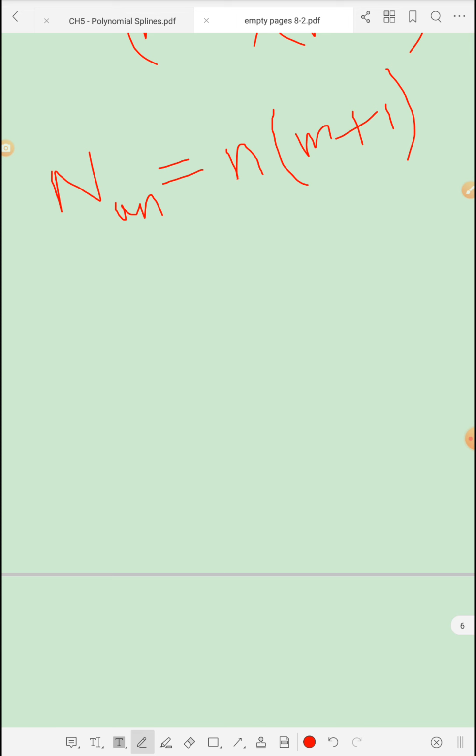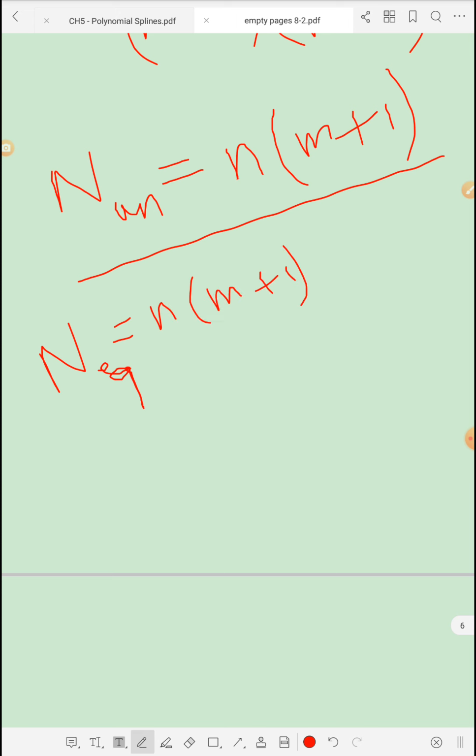So the number of unknowns is n multiplied by m plus 1, and the number of equations or conditions is equal to n multiplied by m plus 1, as we took in the previous page, minus m minus 1.